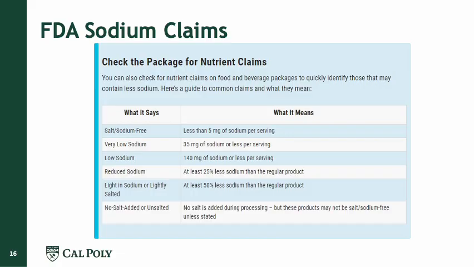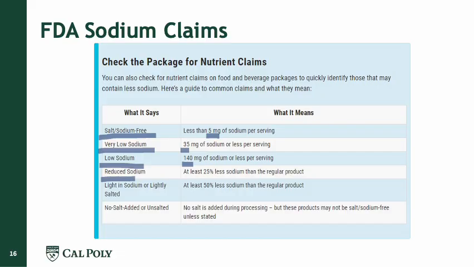If we want to say something is salt or sodium free, we need to have less than 5 milligrams of sodium per serving. Very low sodium is 35 milligrams or less per serving. Low sodium is 140 milligrams or less per serving.